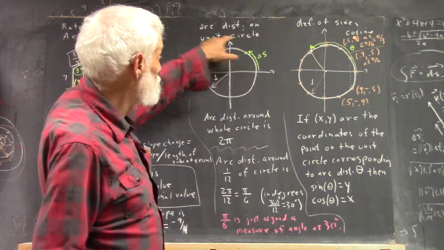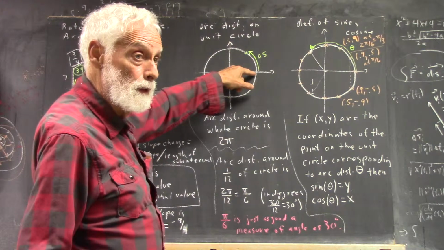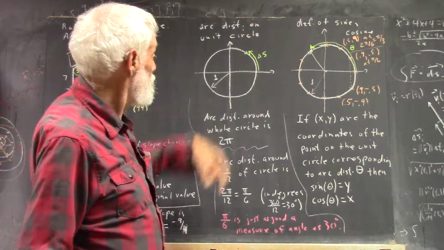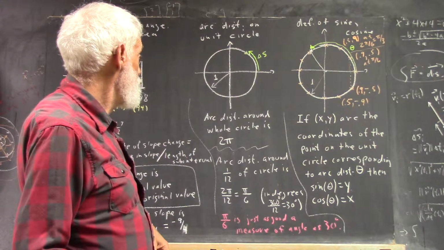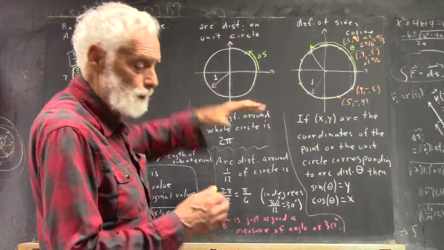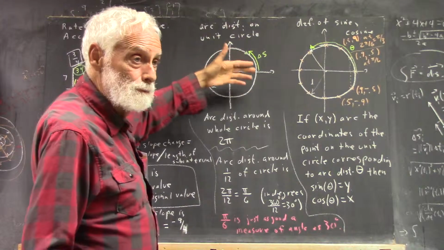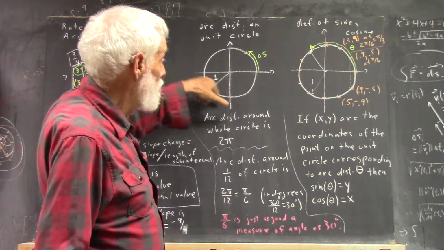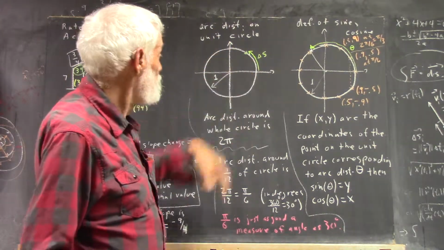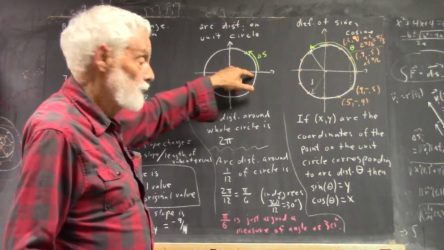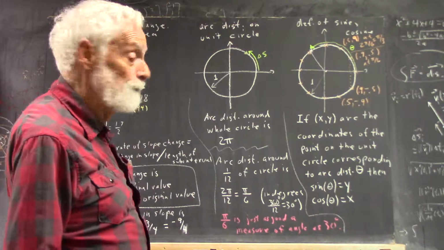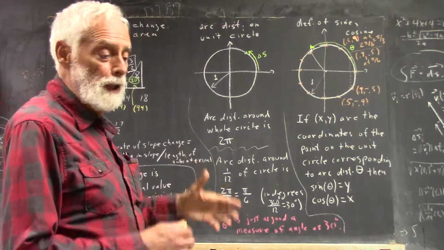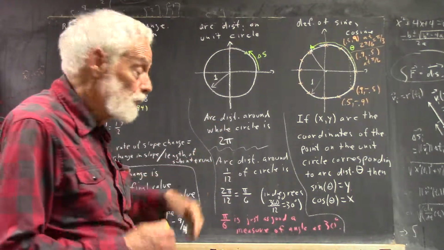Well, around the whole circle, the distance you go is pi times the diameter, isn't it? It's pi times the diameter of the circle because of the definition of pi as the ratio of circumference to diameter. That means if you multiply the diameter by pi, you're going to get the circumference.